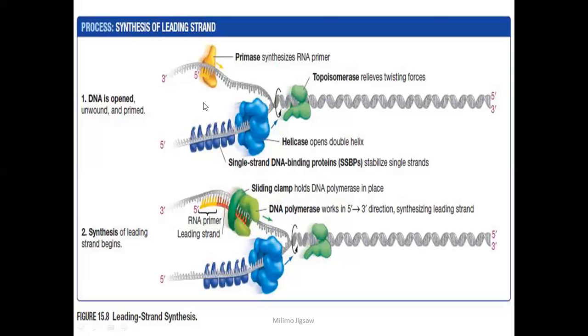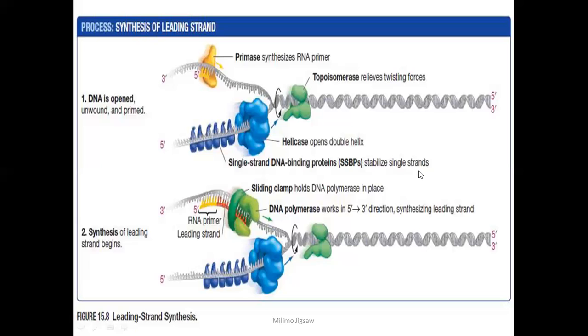Now, when that double helix DNA is opened, this destabilizes the DNA molecule. So what will happen is that we have single strand DNA binding proteins that are going to stabilize the single strands. These single stranded binding proteins will prevent the reformation of the double stranded DNA helix.